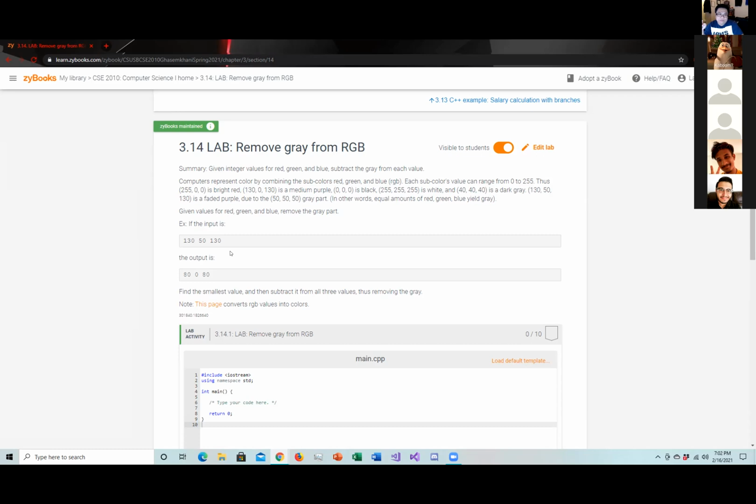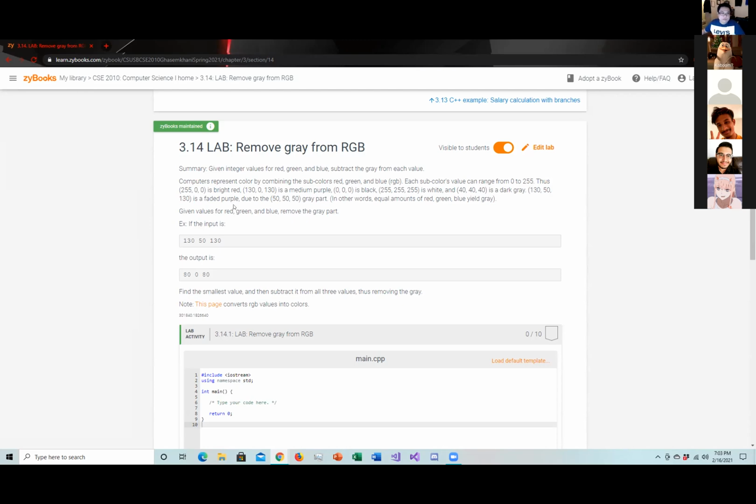Thus, 255, 0, 0 is bright red. The tuple 130, 0, 130 is medium purple because it's half red, half blue. The tuple 0, 0, 0 is black, and 255, 255, 255 is white.